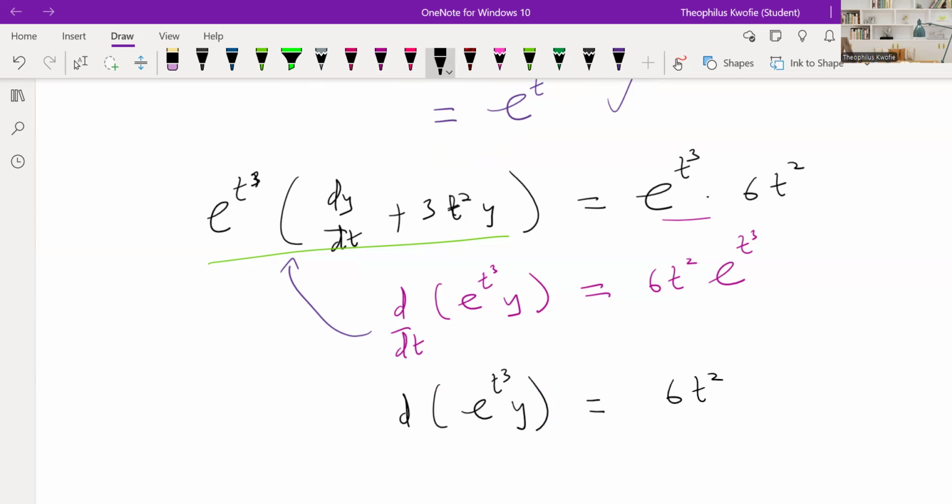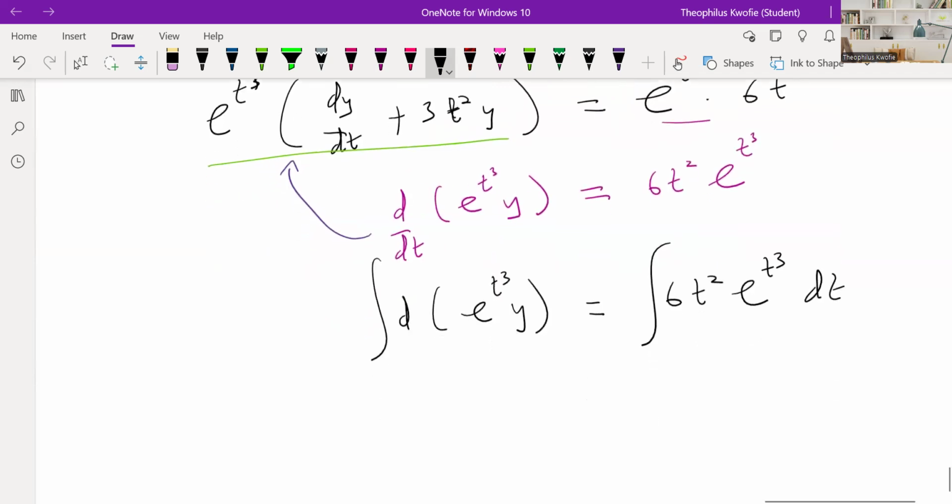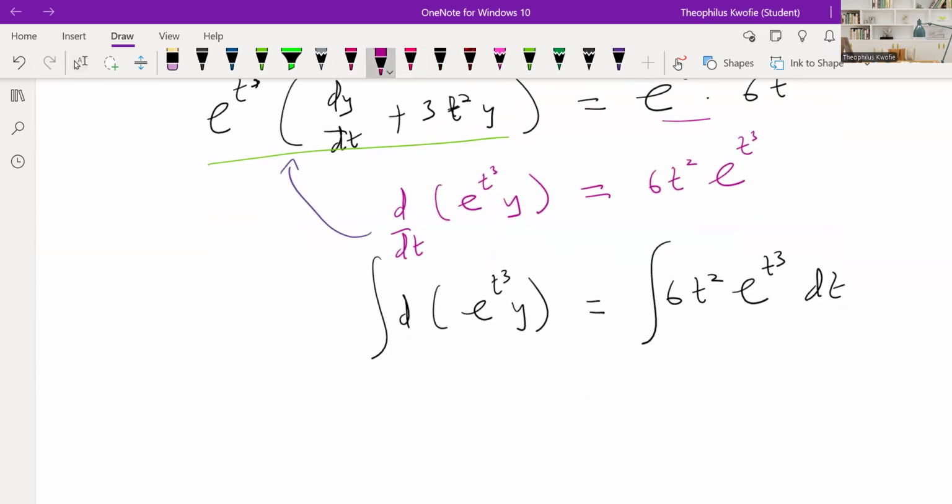Let's write it in this form, dt. Then we take the integral on both sides. Does that make sense? Now, anytime I take the integral of the differential of something, I always get what is inside.